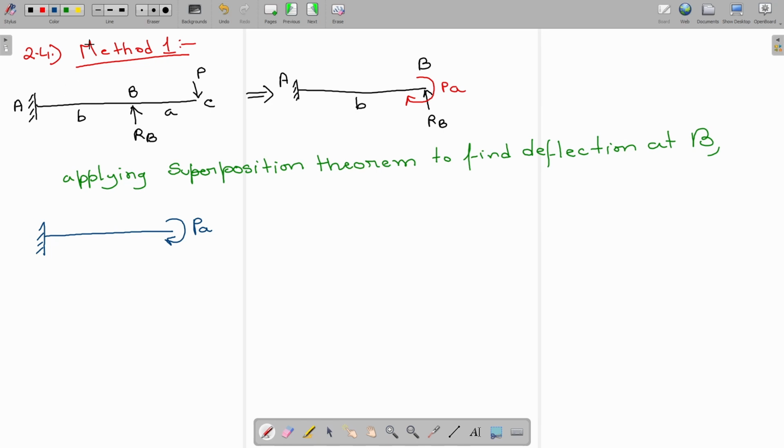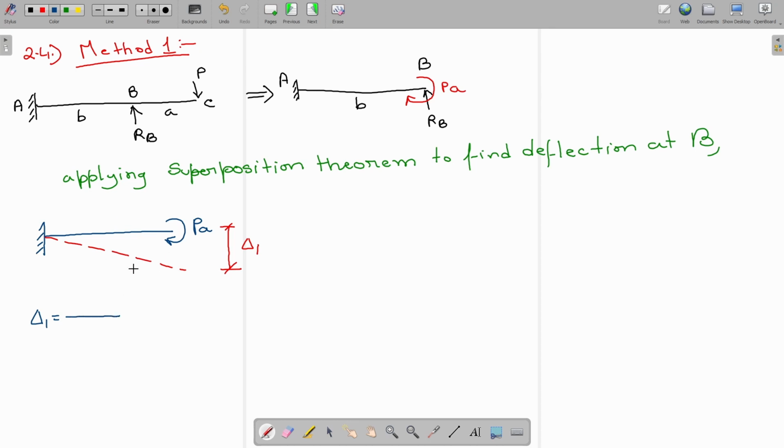Now we are going to assume that the beam has been deflected. This is the deflected shape of the beam. The deflection is termed as delta 1. And the equation of delta 1 is given as, there is a proper equation for every deflection.